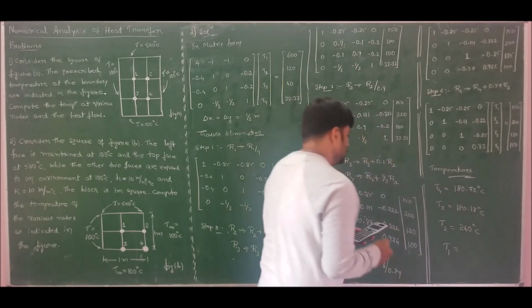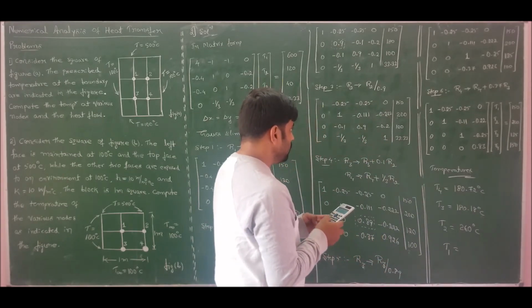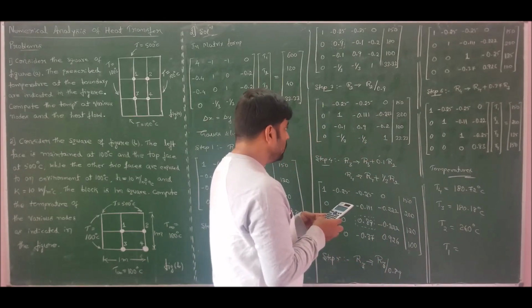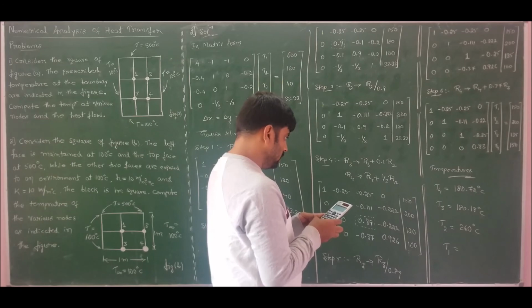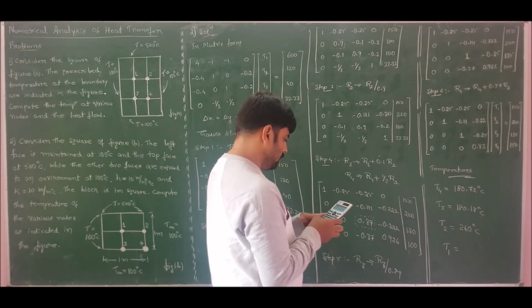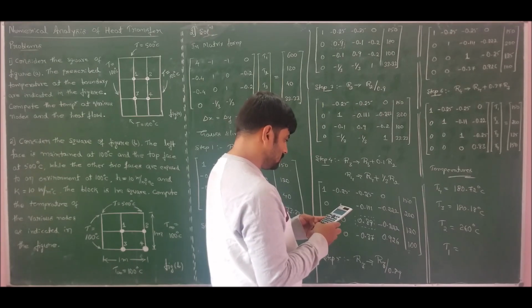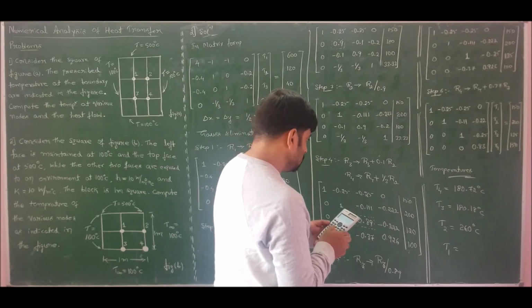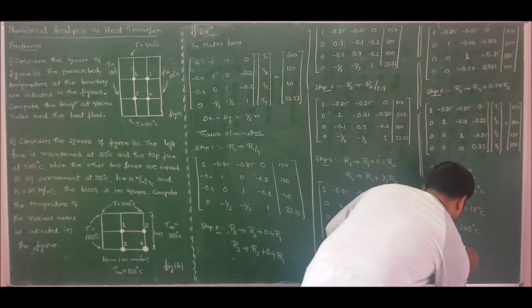And finally, T1 from equation 1 will be 150 plus 0.25 into 260 plus 0.25 into T3, which is 180.18, which is also 260 degrees Celsius.